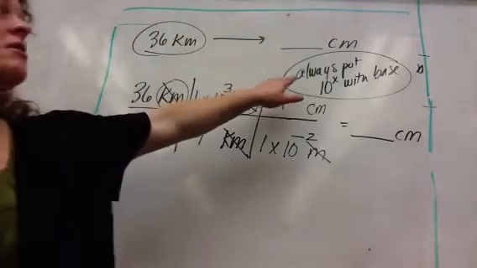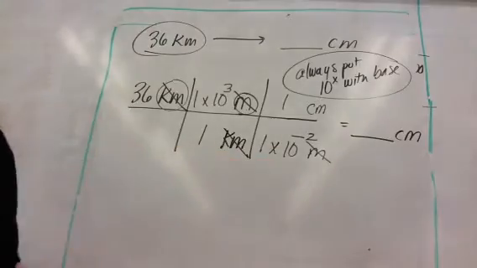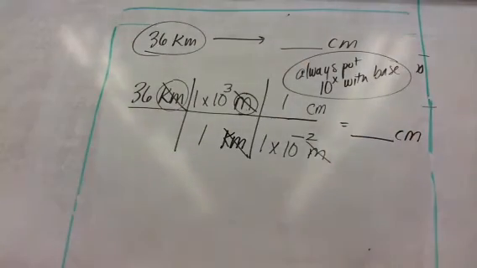The power always goes with the base unit. So if you look at that chart on page 35 in your book, the exponential factor there only works if you remember to always put the power of 10 with the base unit.